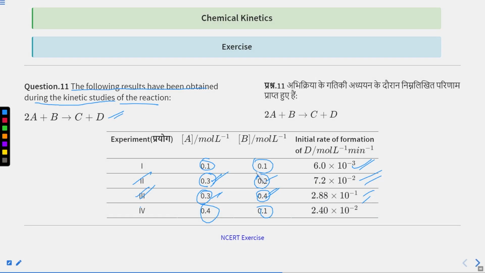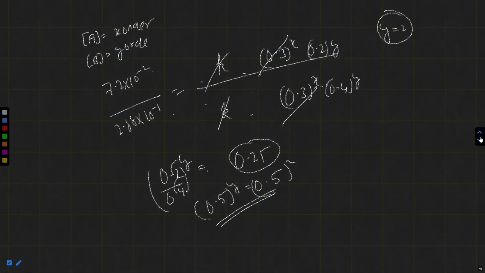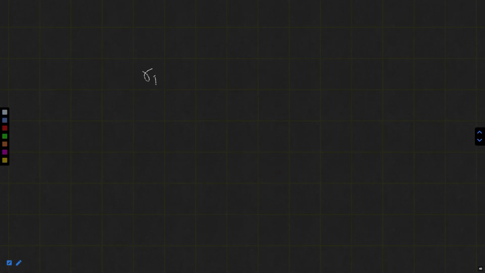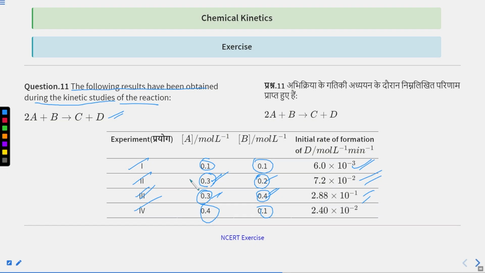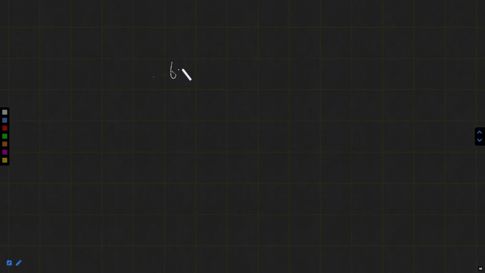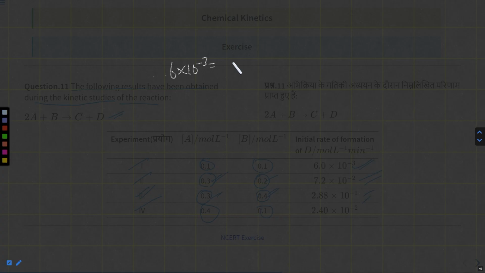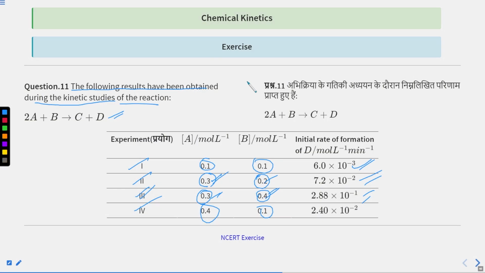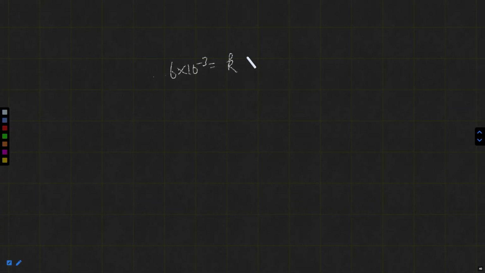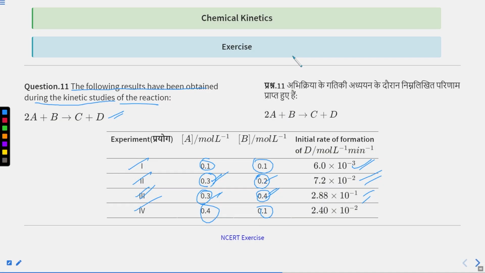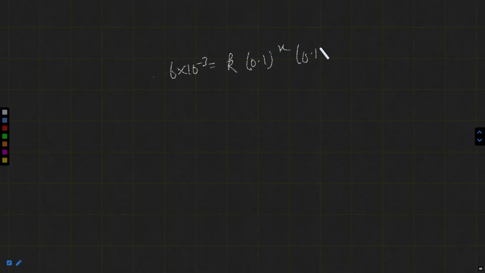So again, take two equations. Suppose I'm taking two such equations in which the other is cancelled. So I'm taking 1 and 4. Rate 1 is equal to, I'm writing the rate 1 value directly, 6 into 10 to the power minus 3, equals K times 0.1 raised to the power x and 0.1 raised to the power y.